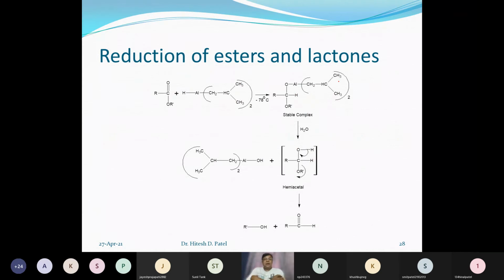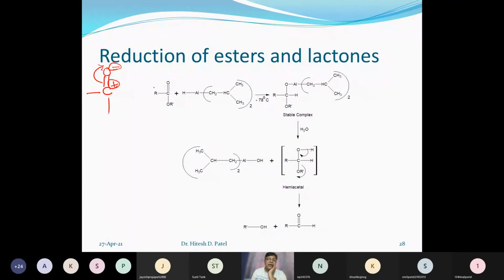So, reduction of ester and lactone using Dibal. Here we have ester. Now in the ester, what is the characteristic of the carbonyl group? Every time I have discussed, and for most of the reactions, this characteristic plays an important role. Oxygen has the tendency to pull electrons, that's why oxygen becomes negative and carbon becomes positive.